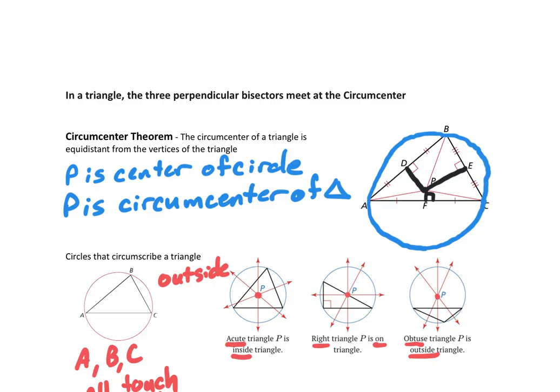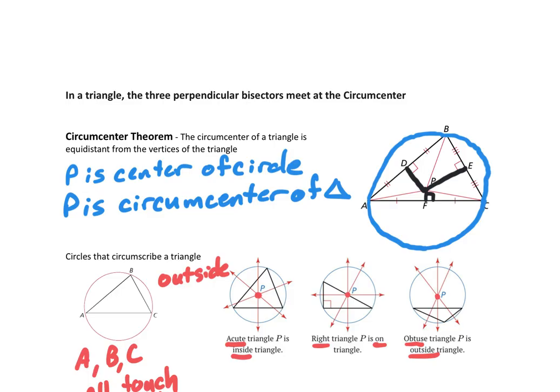And we know it's a perpendicular bisector because it's 90 degrees and these two pieces are congruent. So D is the midpoint of this side. Here, E is the midpoint and it's perpendicular. Same thing here. We know these three sides are definitely not the same length, but they are all the perpendicular bisectors of those sides.